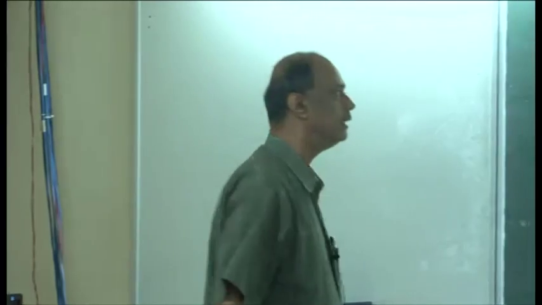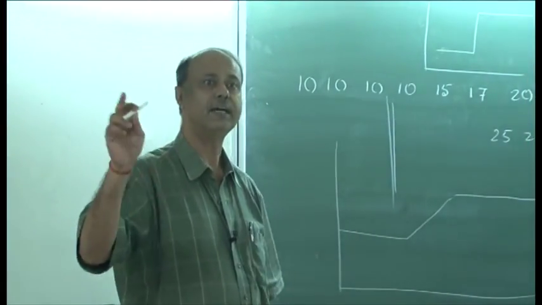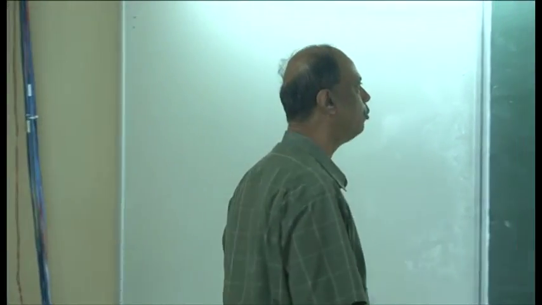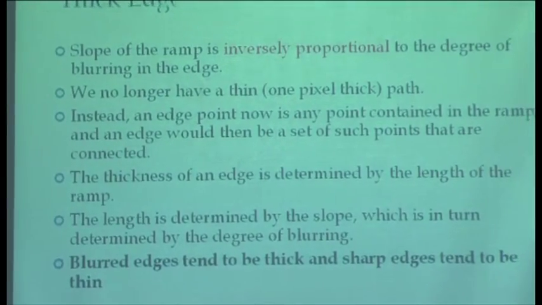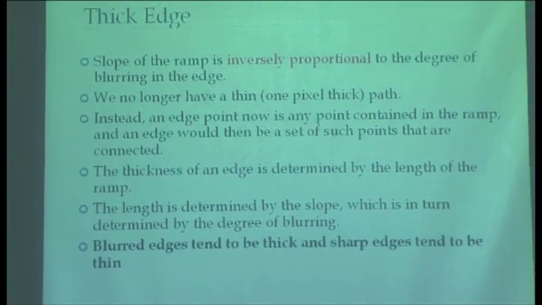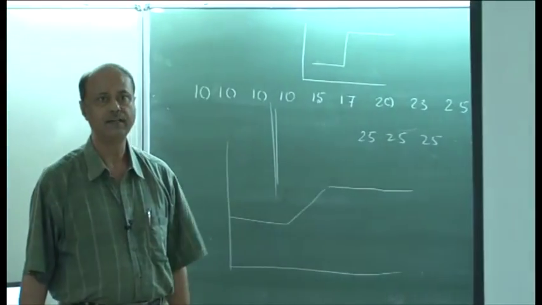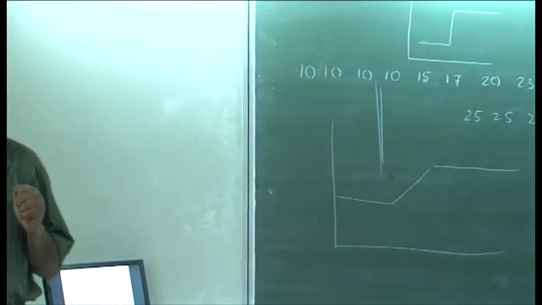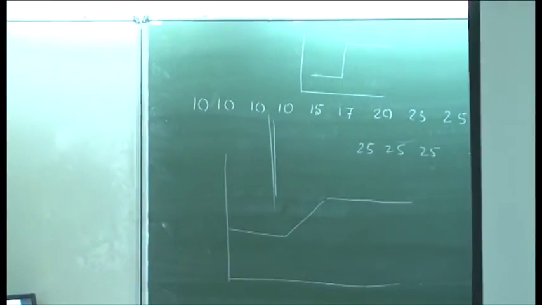But it will not be 1 pixel jump, you will get several such pixels, slowly it is going up, right. So, we no longer have a thin path. Instead, what will you be getting? You will be getting an edge point on this ramp, that any point on the ramp will give you an edge point.